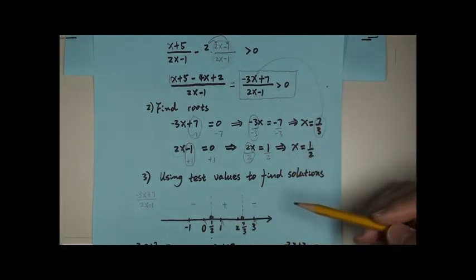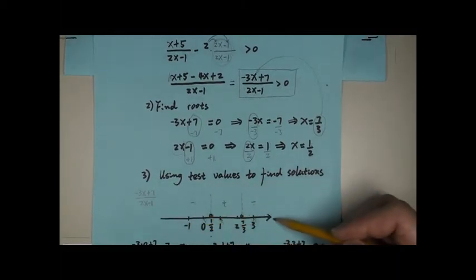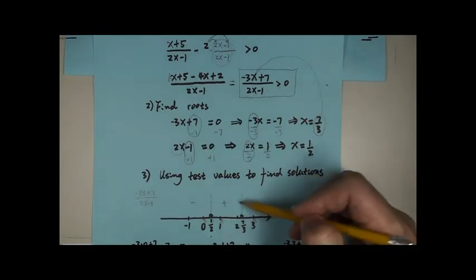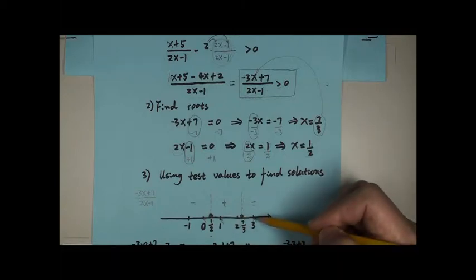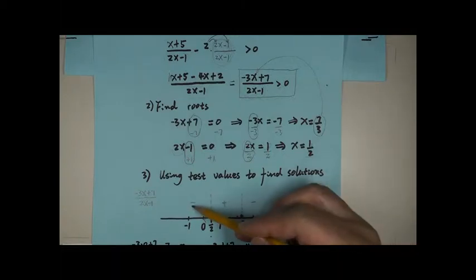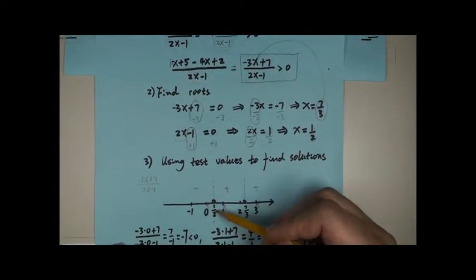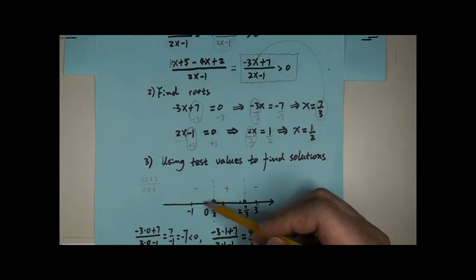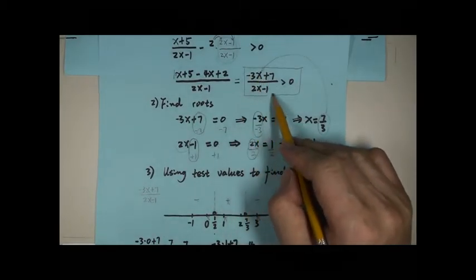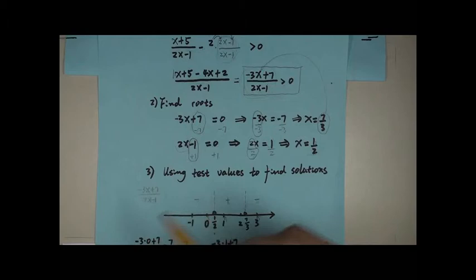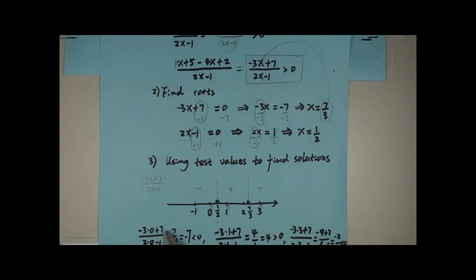Empty circle. Now, 2 points mark the whole real number line into 3 parts. Then you want to choose values from different ranges to see if you get negative, positive, negative. 0 is on the left of 1/2, so you may pick 0. Let me write this expression down here. Negative 3 times 0 plus 7 is 7.